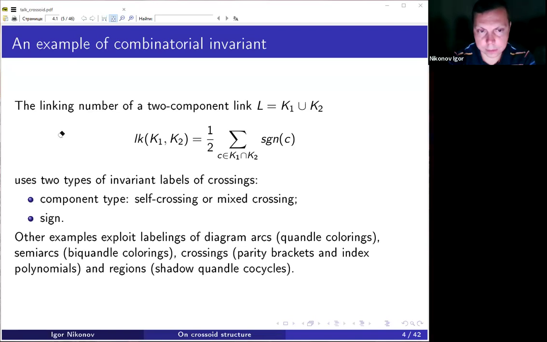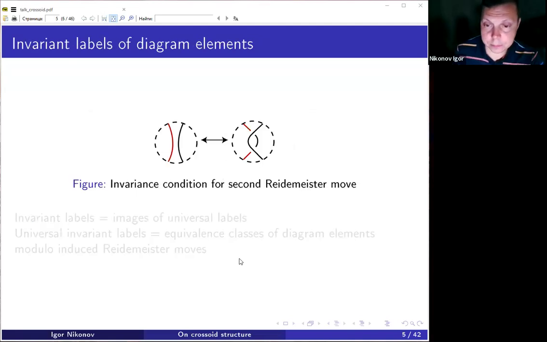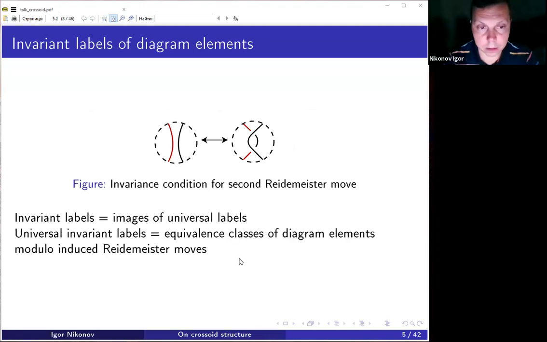In various constructions of knot invariants, we use different invariant labels of crossings or arcs or regions, and the question one can consider is which types of labels a crossing or an arc can have. Thus we come to the following picture.